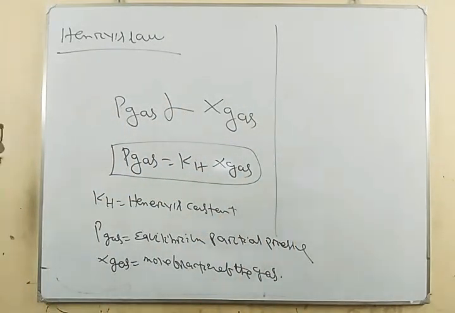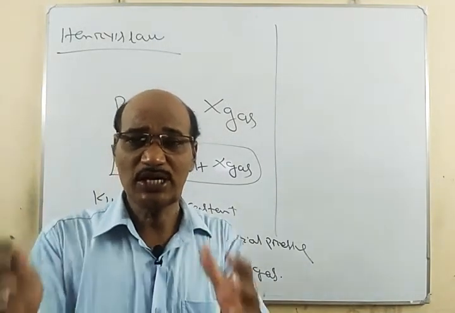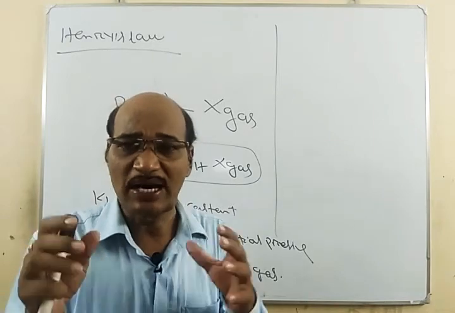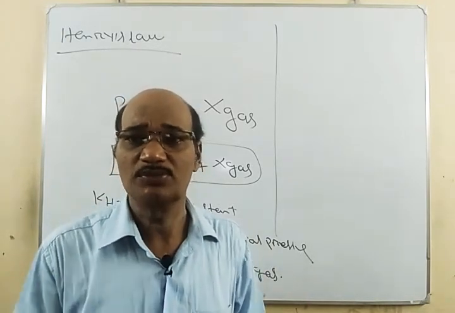So the solubility of a gas in a liquid is proportional to the partial pressure of the gas above the surface of the liquid.